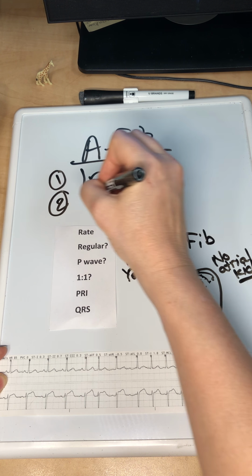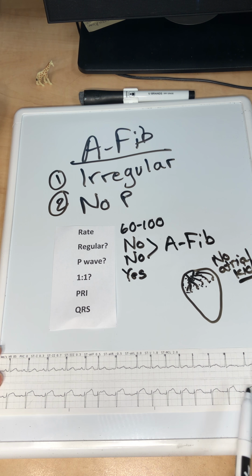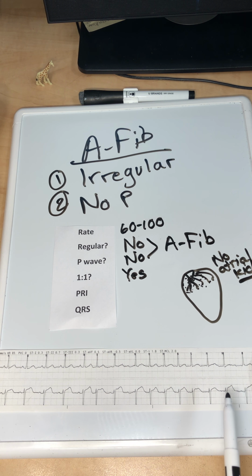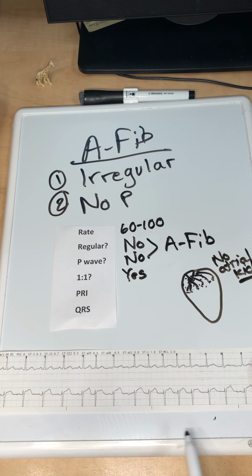And number two, no P. This is irregular, no P. This is regular with a P wave. So we just went from sinus rhythm into AFib. And the sooner you figure that out, the better, because you need to convert that patient so they don't develop clots, and you need to rate control it.